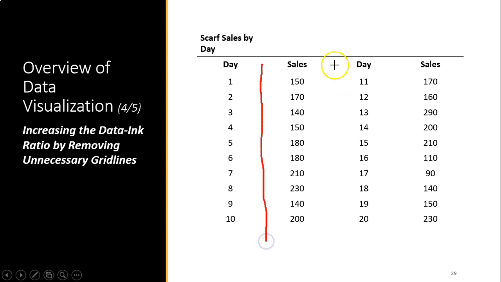So we're already visualizing there should be a line here, but we don't need to draw it, right? So now we use ink to represent the data, what the data is about, and give us a little bit of separation at a very minimal cost, right? So this has high data to ink ratio.